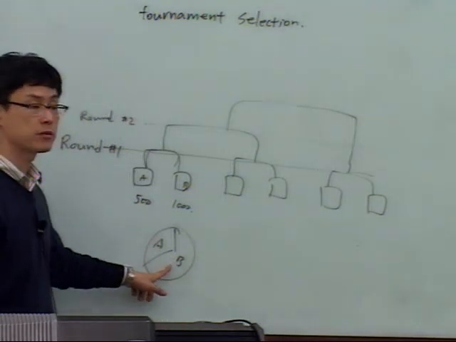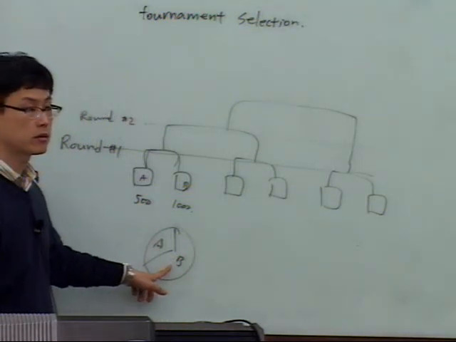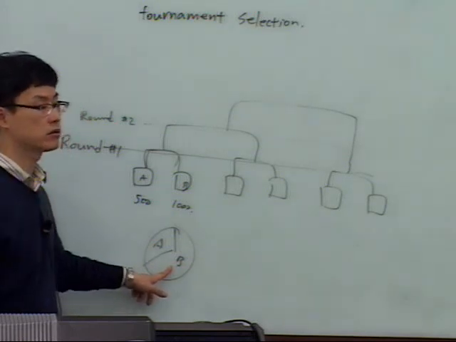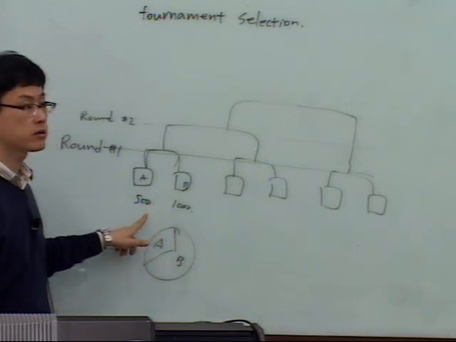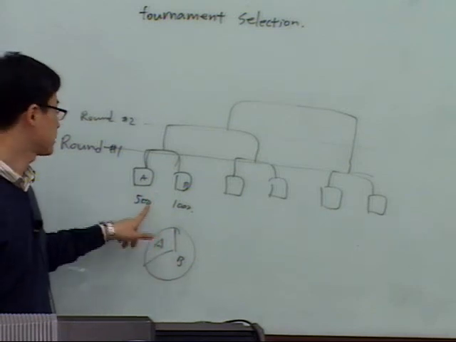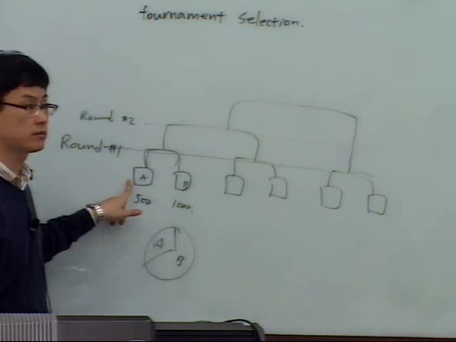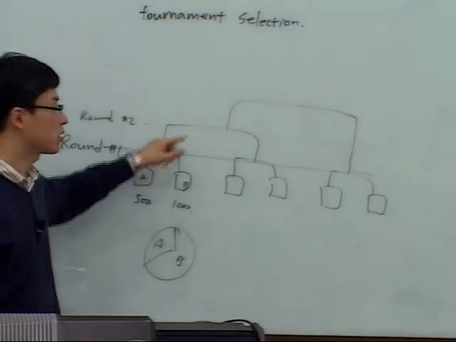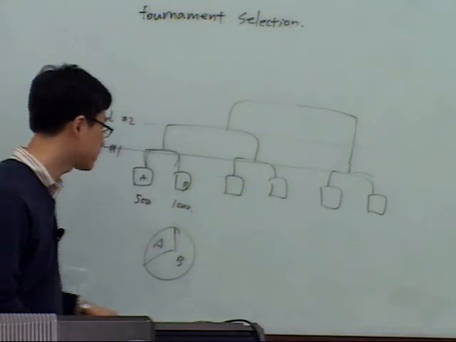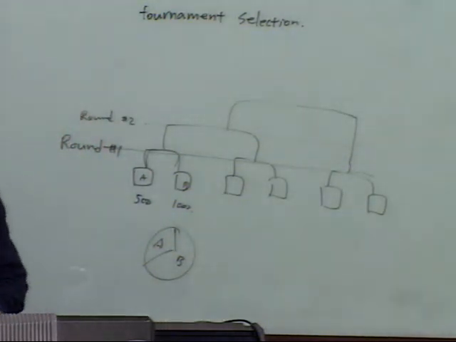It has 2 times the probability of being chosen. So anyway, run the random number once again, and sometimes miracles happen in a sports event. So this one can survive. But anyway, probability-wise, usually this one will survive. And this is the whole idea of this tournament selection system. Okay.